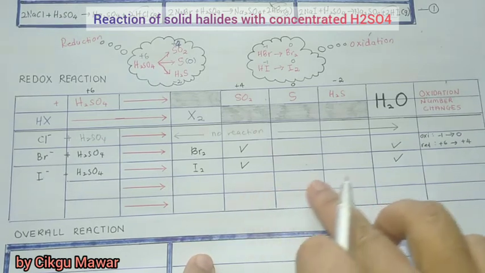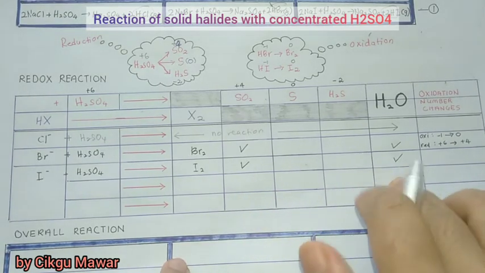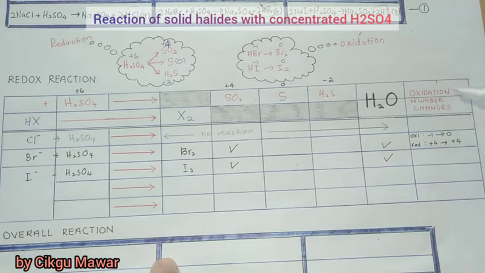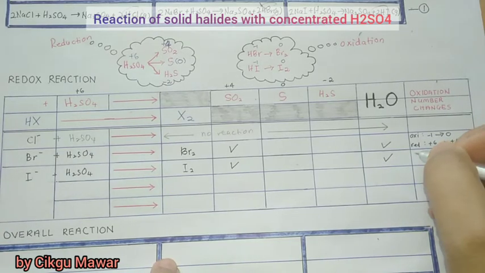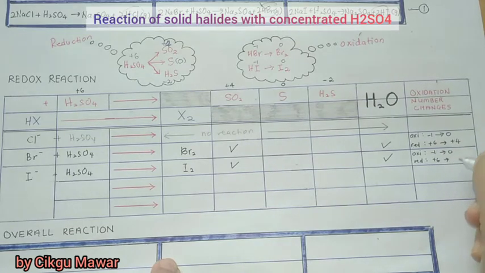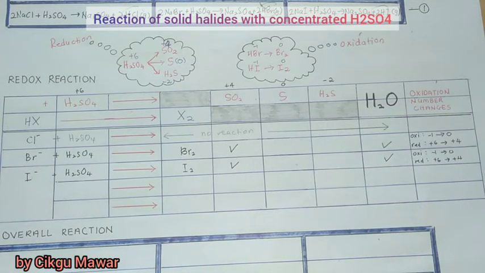So this is the first redox reaction that would occur when iodide reacts with sulfuric acid. How about the oxidation number here? For oxidation it stays the same, -1 to 0. How about the reduction? +6 of sulfuric acid is reduced to +4 of sulfur dioxide.